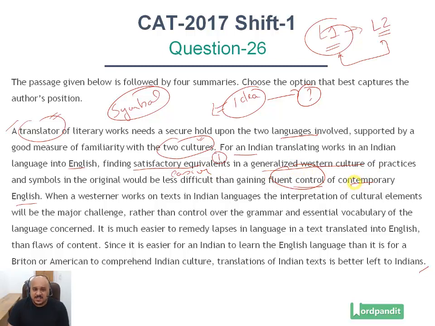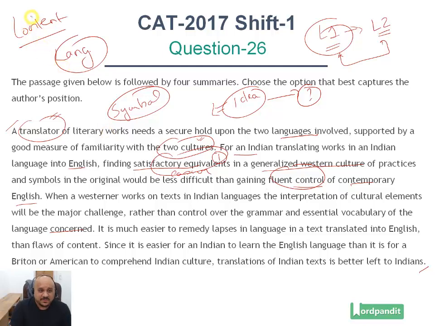So for an Indian translating, it's not about the content. If we label satisfactory equivalence as content, the challenge is language. On the other hand, when a Westerner works on text in an Indian language, the interpretation of cultural elements will be the major challenge rather than control over grammar and essential vocabulary of the language.